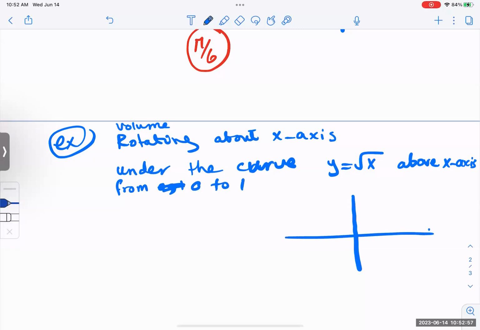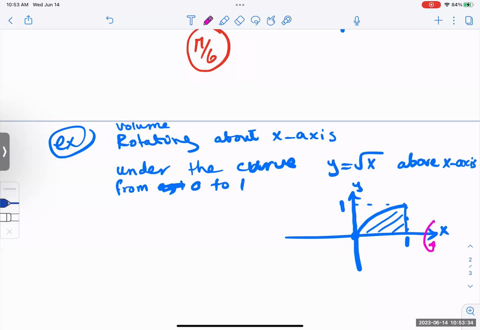So here is the graph. I want you to be well familiar with the radical from 0 to 1, and then the output to be 1 as well. So the graph that is bounded here, you want to rotate that along the x-axis using the cylindrical shells method.